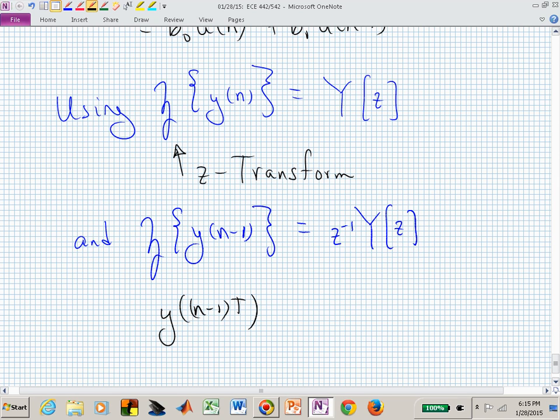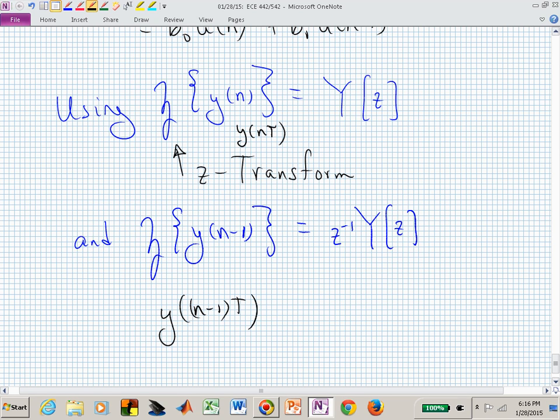I'm not explicitly showing it, and other times I might. So in the earlier one, I might have written little y of nT. Same thing. Sometimes I will suppress capital T, and sometimes I won't. Hopefully that won't confuse you.